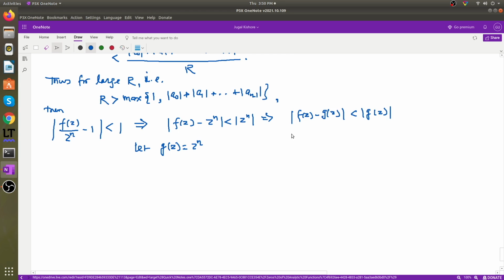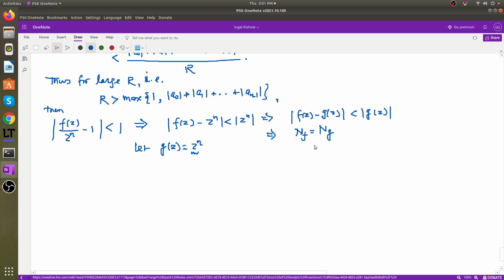By using Rouche's theorem, the number of zeros of f in the disc will be the same as the number of zeros of g. We can see that g has a zero at z equal to 0 of order n.